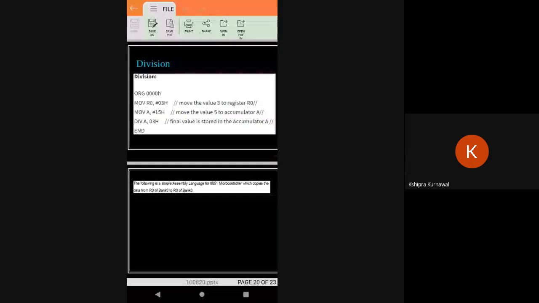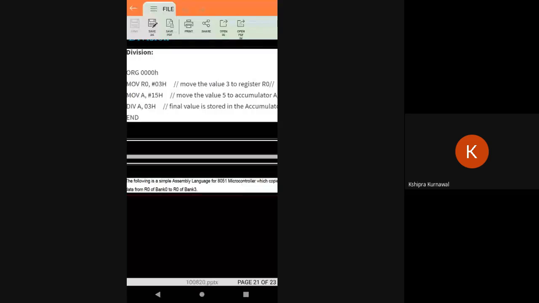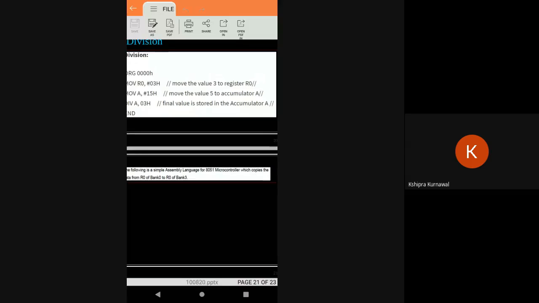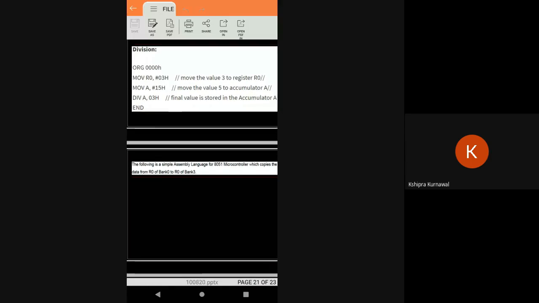Now one task for you. Already we have done this type of question, but I am expecting it from you now. Write down this question. You have to write the program for this line.